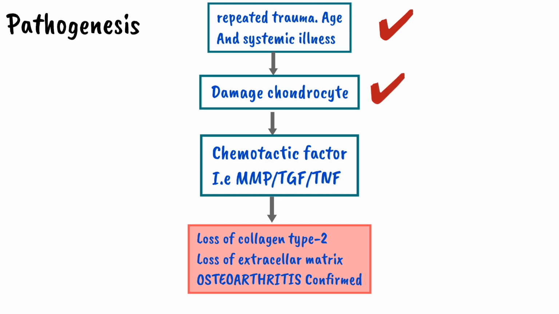The chondrocyte releases chemotactic factors such as matrix metalloproteinase, TGF, and tumor necrosis factor. These factors act on the matrix and cause destruction of collagen type 2, which is a main component of the matrix of the articular cartilage. So it will result in the loss of the extracellular matrix, and it will lead to osteoarthritis.